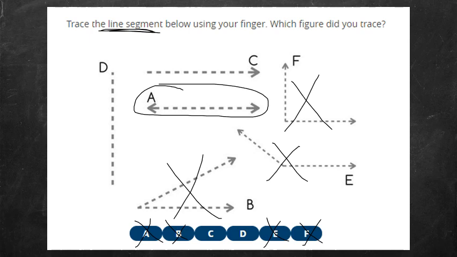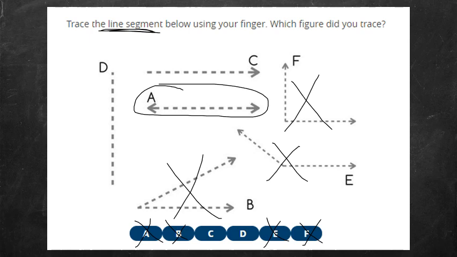C has one arrow. So that means that my line is going into one direction without stopping. So if I remember my definitions, I remember that a ray is a type of line that starts at a point and it goes into one direction without stopping.